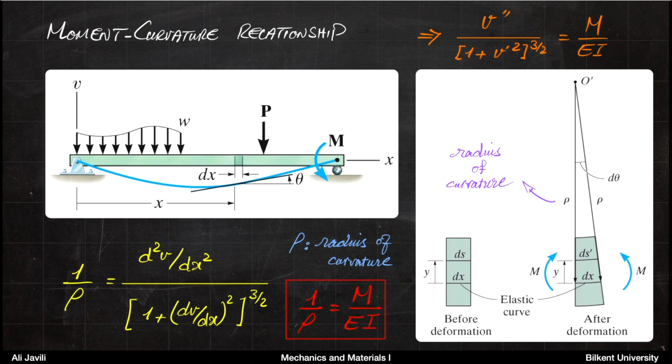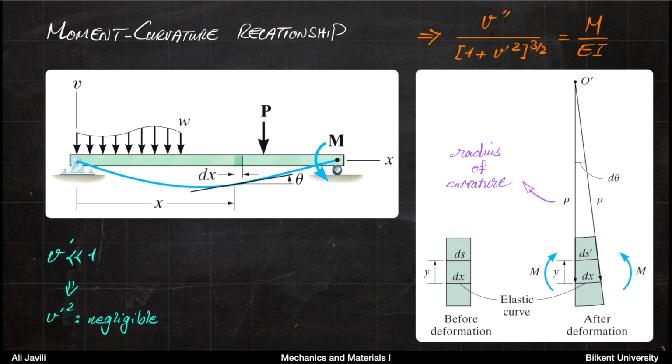But you can imagine if you have a long beam under deformation, and in this course we usually talk about small deformation, small strain elasticity, and with linear assumptions, you can imagine that v prime is not a very large number. Also remember that v prime is essentially the change of deflection with respect to x.